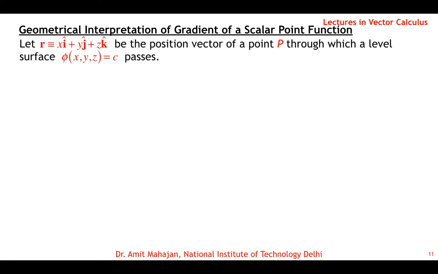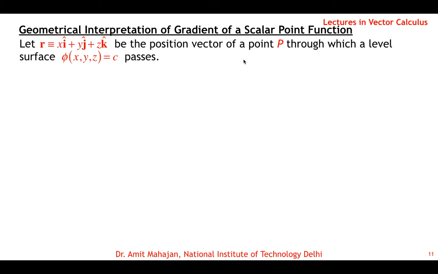The geometric interpretation of gradient of a scalar point function. Let R be the position vector of a point through which the level surface passes. We already know what a level surface is; we did it in differential calculus.